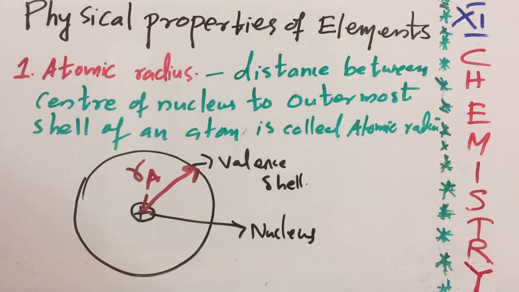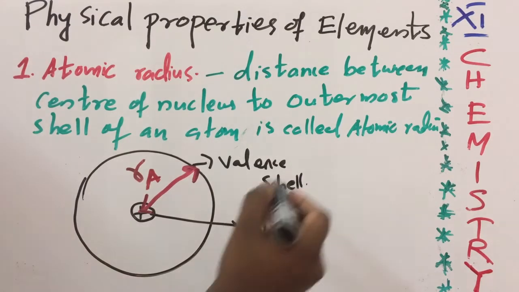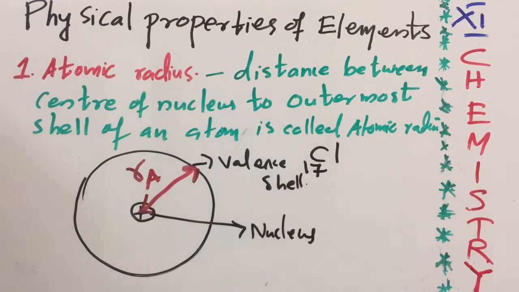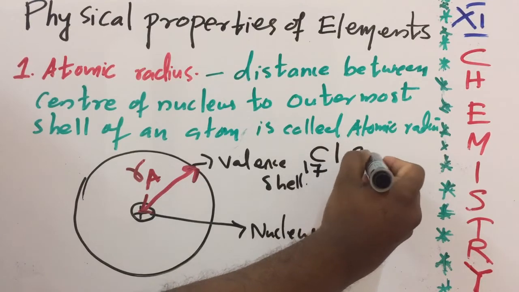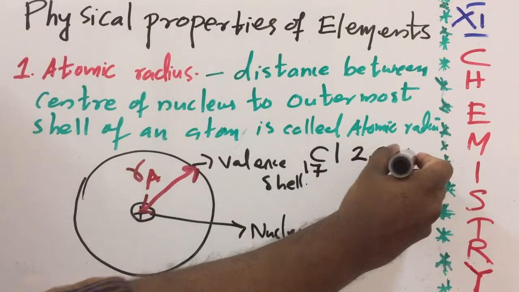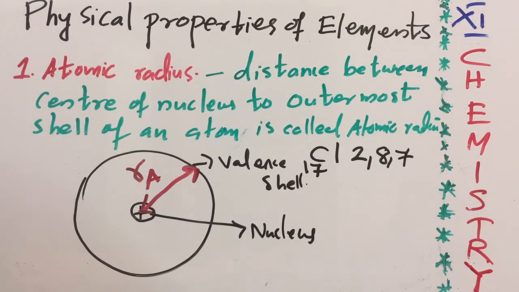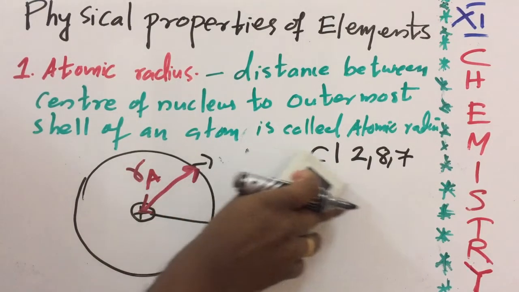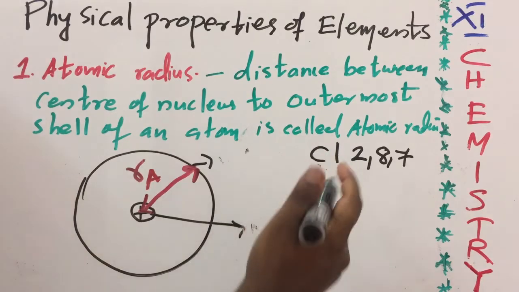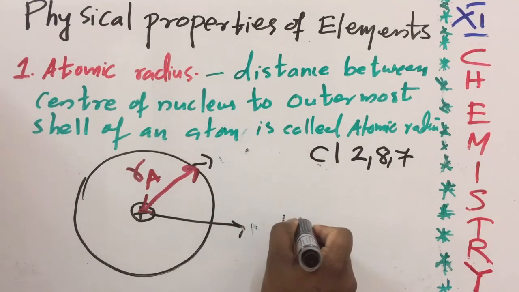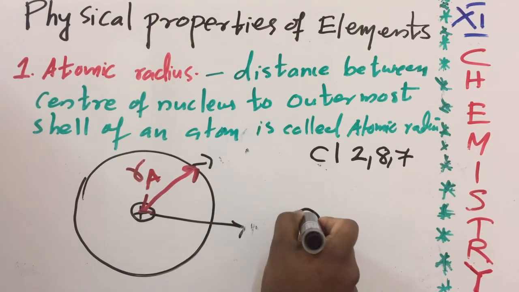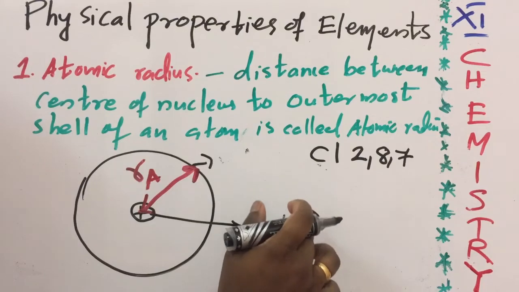Clear? For example, chlorine. What is the atomic number of chlorine? 17. Electronic configuration is 2, 8, 7. And we can draw the Bohr model of chlorine. In the Bohr model of chlorine, 17 protons, with positive charge, are present at the center, the nucleus.